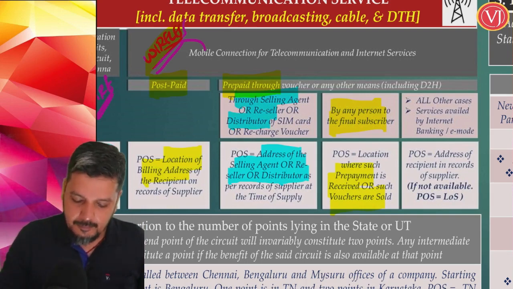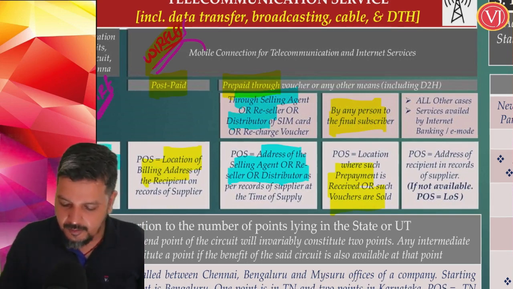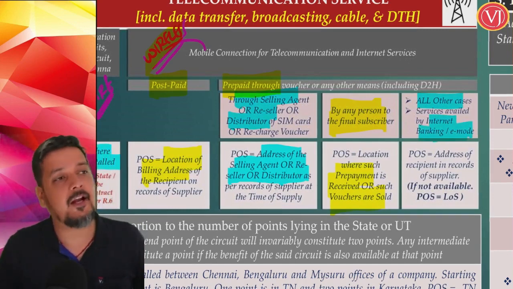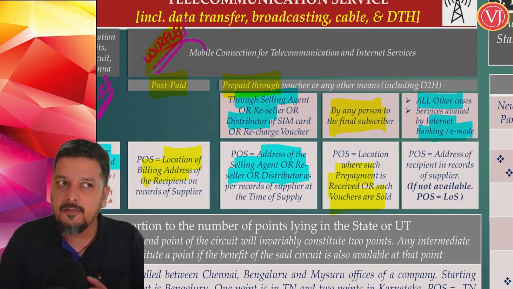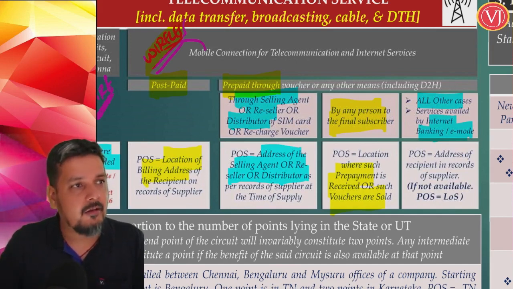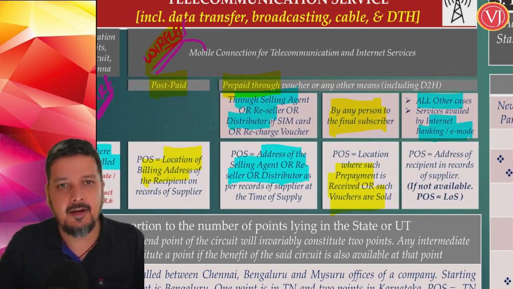But in other cases, where the payment is made via internet banking or electronic mode, a lot of times what are we doing now? Even if you are taking it from a distributor or Jio, we are making the payment through internet banking or electronic mode, Paytm or GPay, correct?